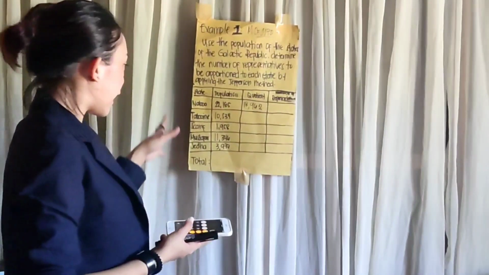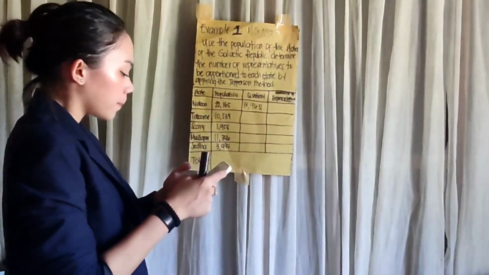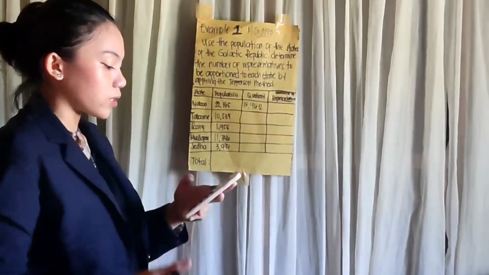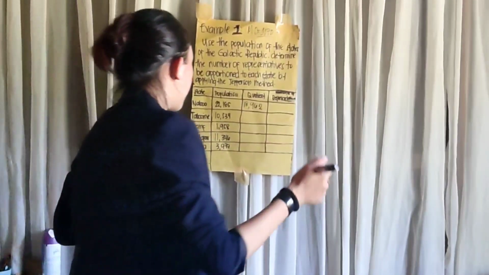Again, 10,534 divided by 1,170 is equal to 9.003.